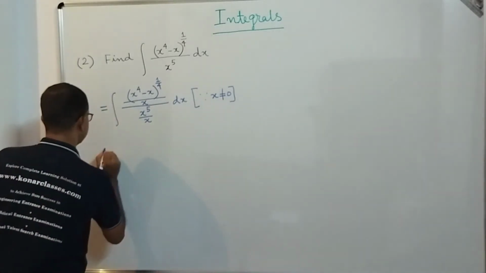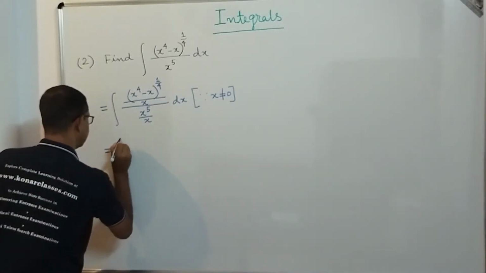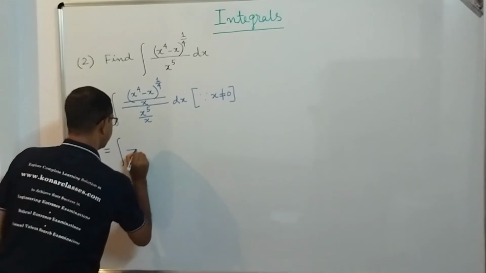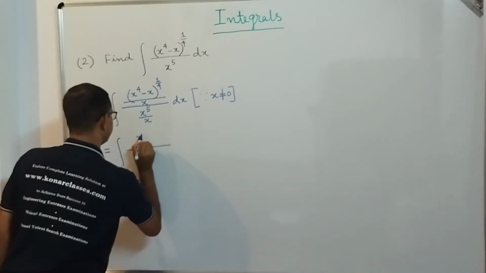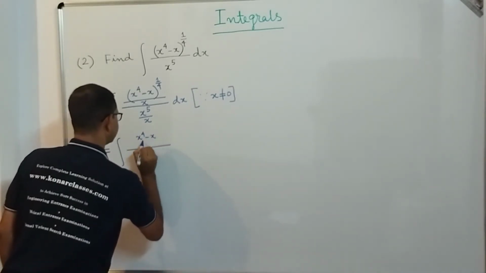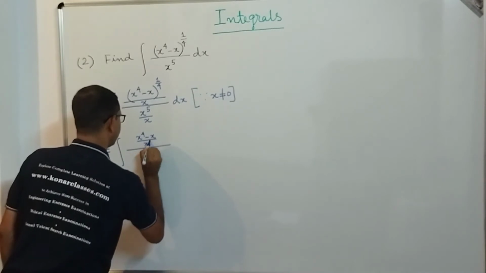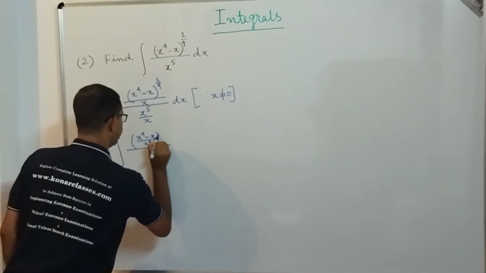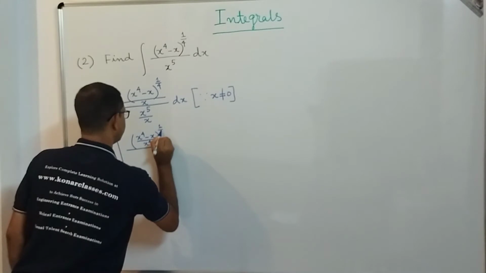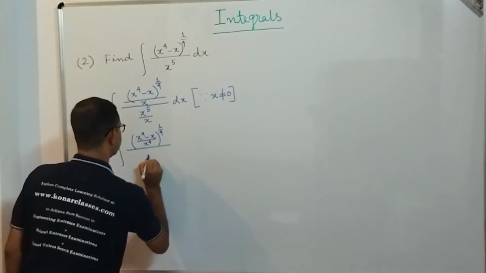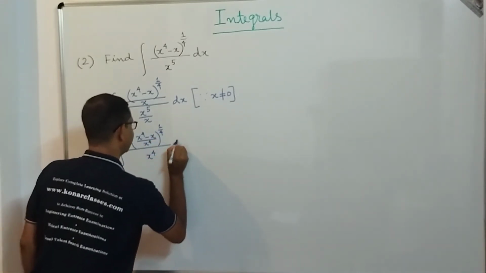So what we get here is the integration, in the numerator, of x to the power 4 minus x divided by x to the power 4, complete power 1 by 4, and in the denominator x to the power 4 dx.